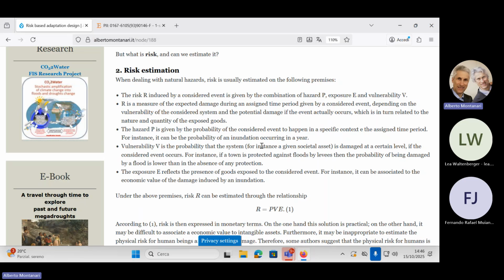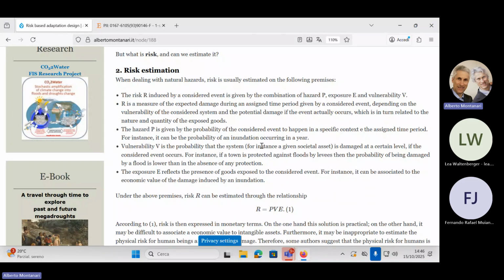So risk, we define risk as a measure of the expected damage during an assigned time period given by an expected event. So I make an example.